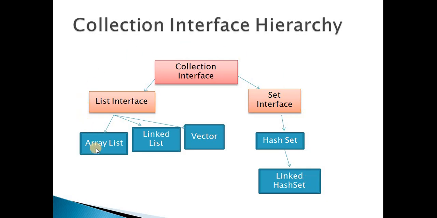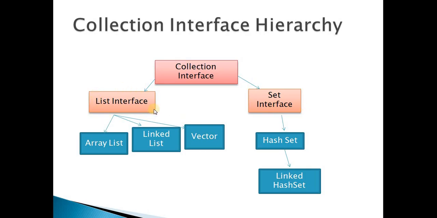So this is basically the hierarchy of the collection interface. Where the list interface fits and where the set interface fits, we will see in the next part of the video.